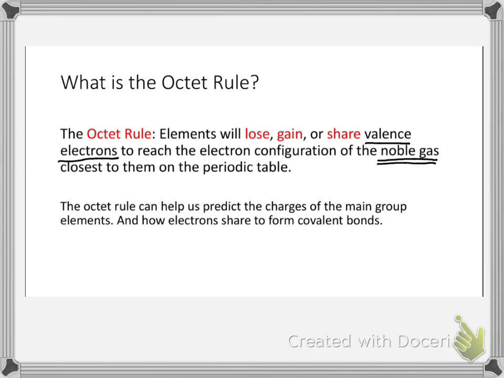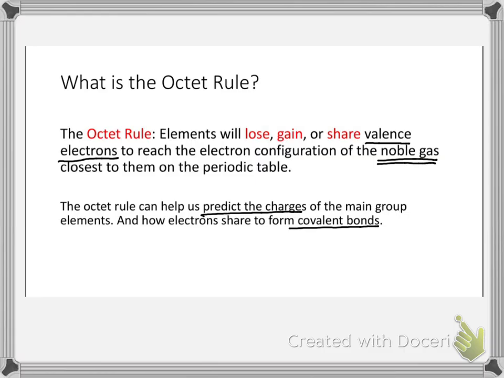So my question that I would have you consider is, why would atoms want to have the same electron configuration as a noble gas? So think about it. See if you have an answer. Okay, I'll come back to it. We're going to use this octet rule to both predict the charges and to predict how covalent bonds are formed. So we're going to use both ionic and covalent.